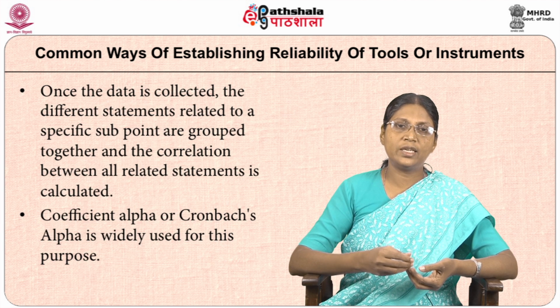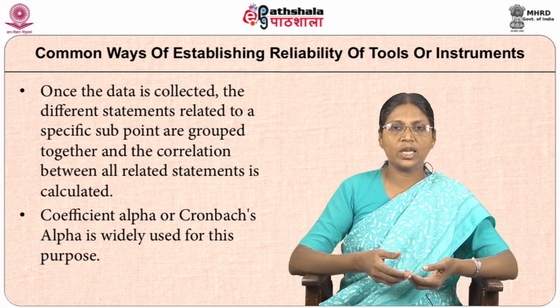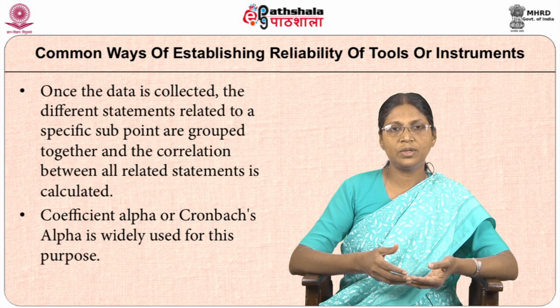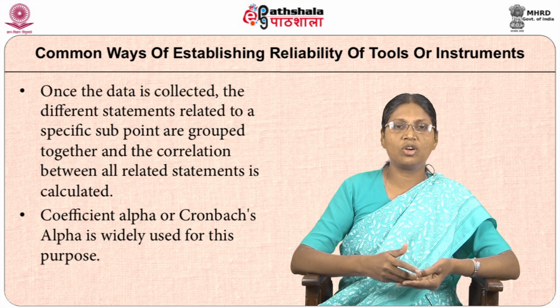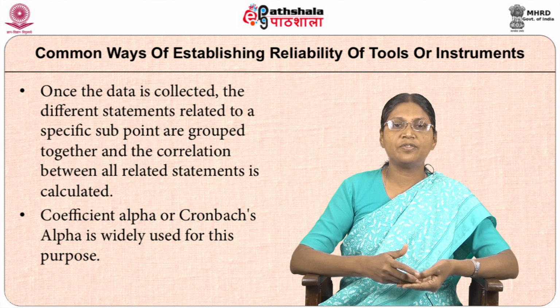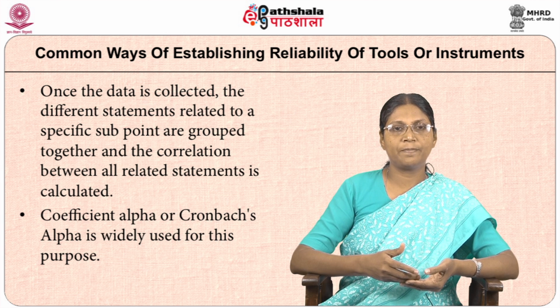Once we get the data, we group all this together and calculate the correlation between all 4 statements. Coefficient alpha or Cronbach's alpha is widely used for this purpose.